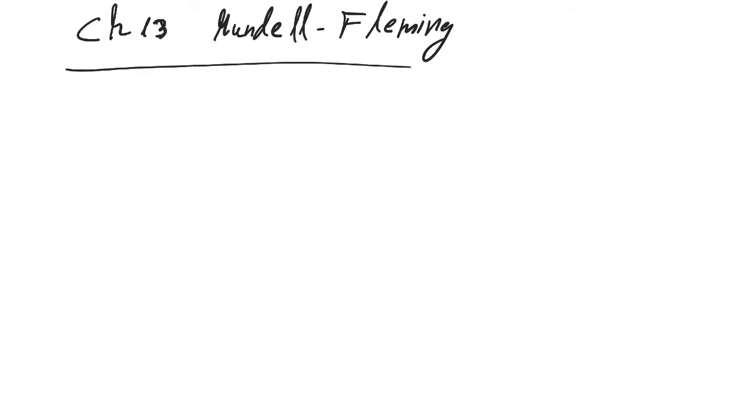And now let's go to chapter 13, the Mundell Fleming model, and it's basically a version of the ISLM, which means that we're talking about short term, which means that prices are fixed.